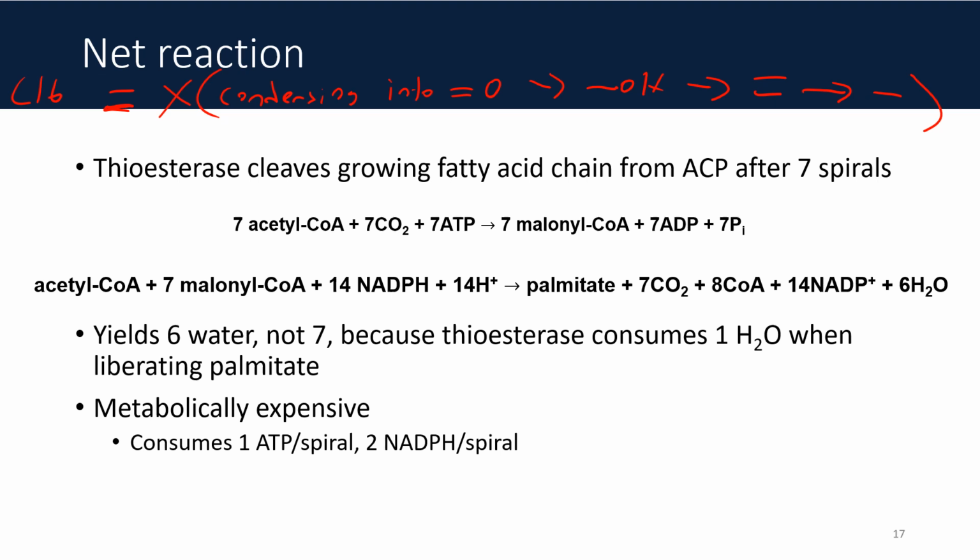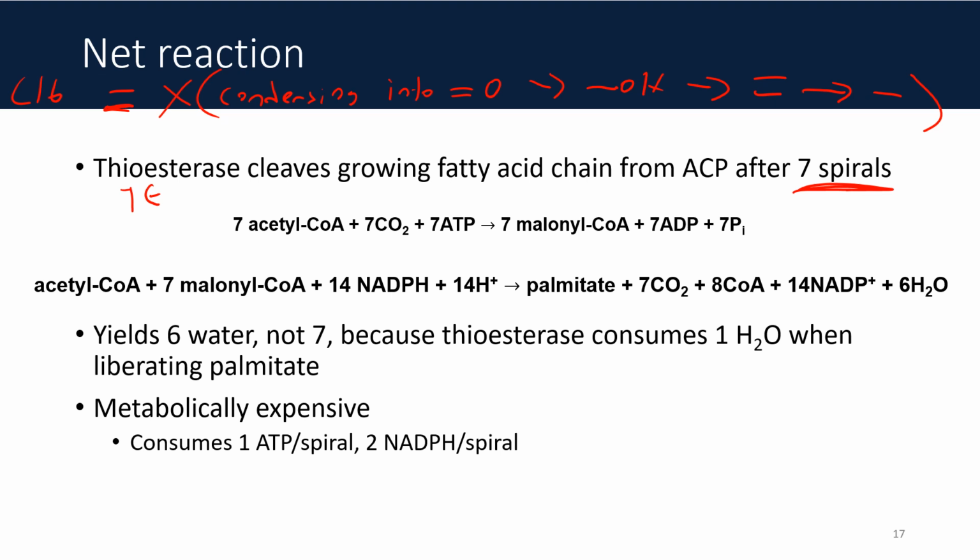And that's essentially going to be 7 elongation spirals in total. And the reason why we iterate until we get to the C16 level is because the thioesterase domain, TE, which wasn't shown in those cartoons in the previous couple of slides, is actually going to best recognize palmitic acid and hydrolyze it off of the fatty acid synthase machinery only when we grow out to that size.